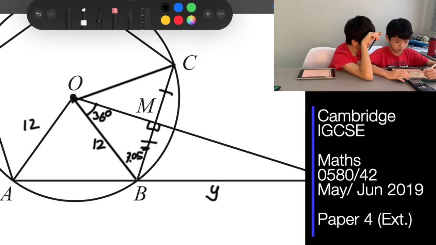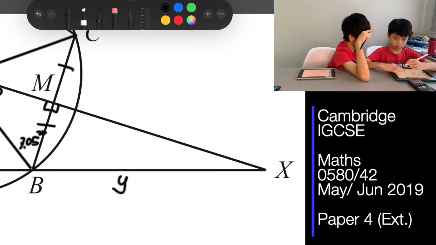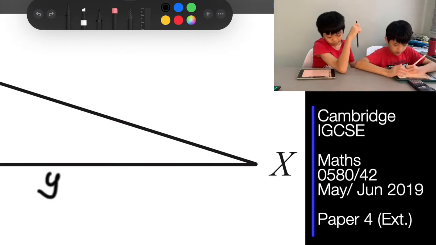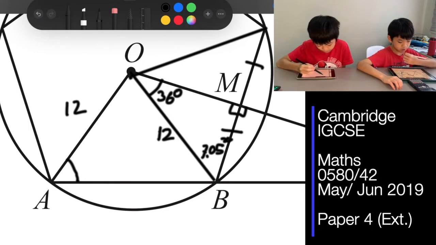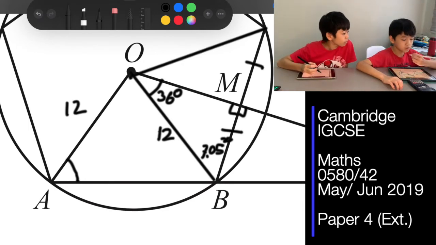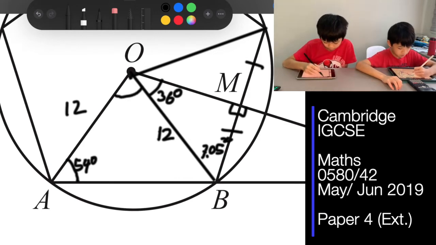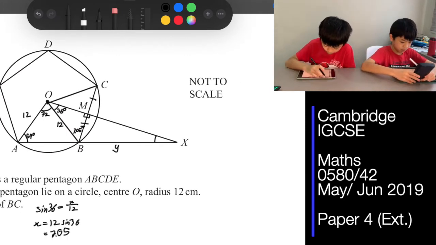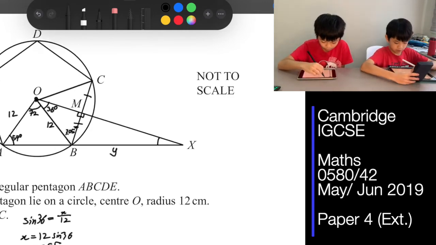We'll be using this triangle MBX. First we need to find this angle, which should be 54, and this one is 72. Then we take 180 minus 54 minus 72 minus 36, which is 18 degrees.